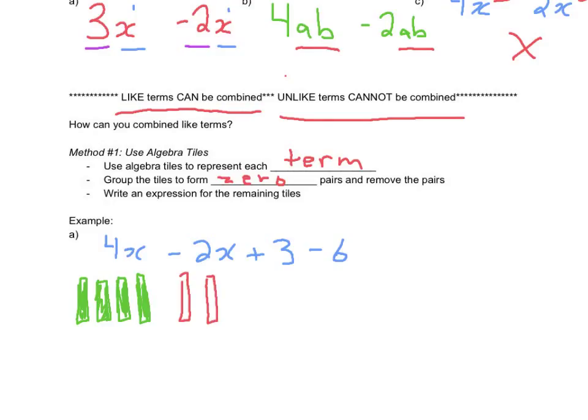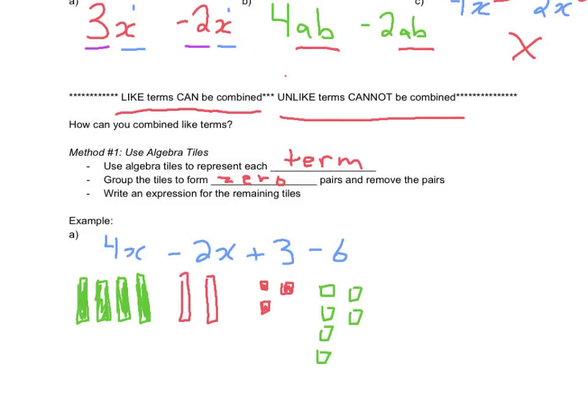I will then draw positive 3 ones. And negative 6 ones. As you do this, you'll start to see that it might be advantageous to draw them in a certain pattern.